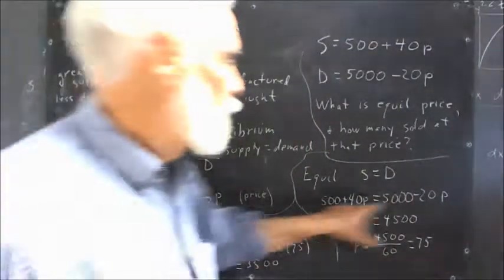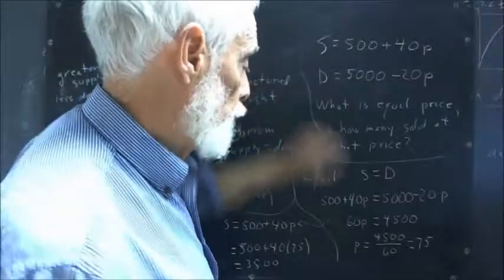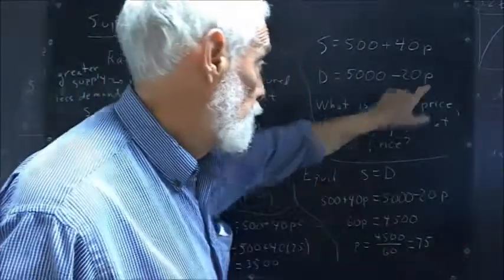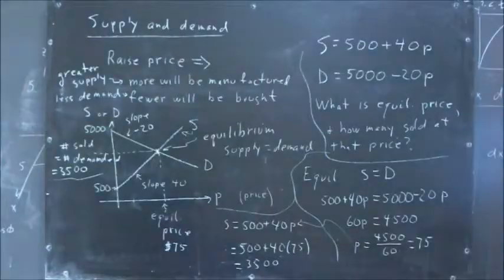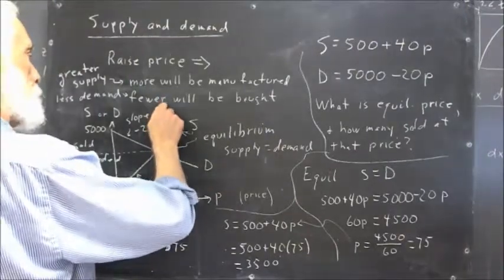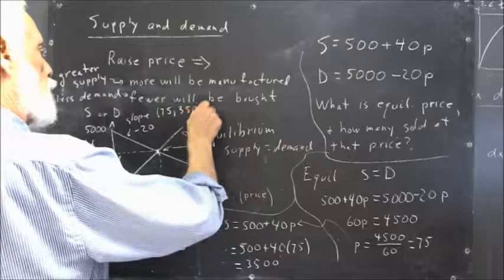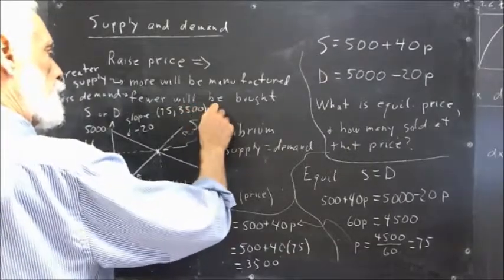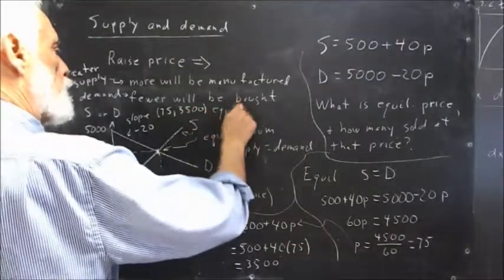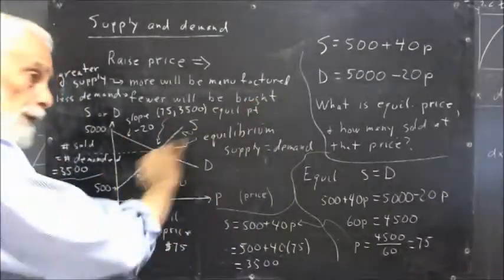If you've solved these equations correctly, then this number will have to equal this number when this number is substituted for p. Our final conclusion is that the equilibrium point is 75, 3,500, the equilibrium point for the supply and demand.